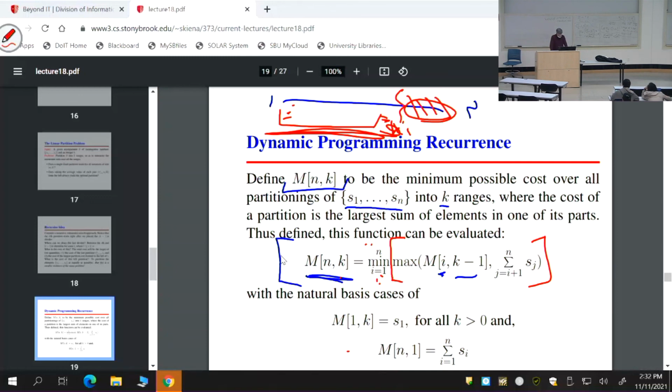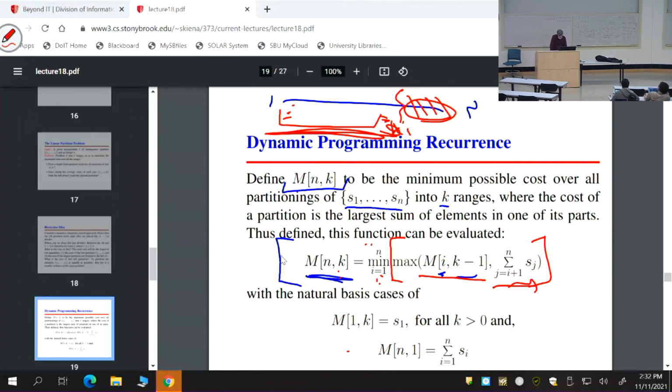The biggest partition either is everything from the i plus first to the nth element. This is the last part. Or it is something in the previous problem. Well, if I chose my last partition to be at position i, what do I now have?